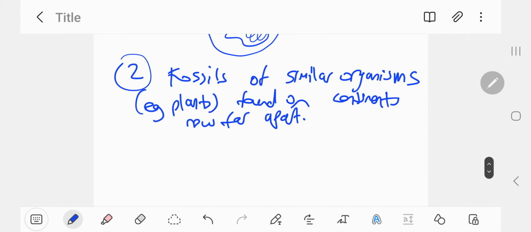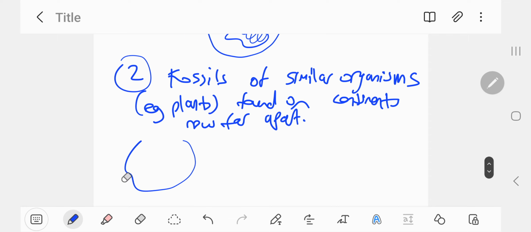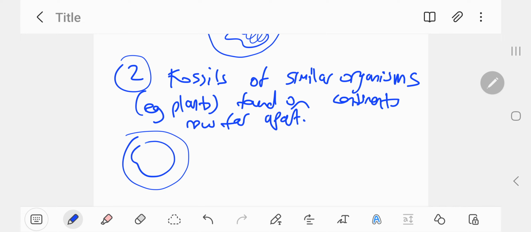And this supports Wegener's theory because, let's say, hundreds of millions of years ago on Pangaea, you had a species of plant covering all of the landmass.